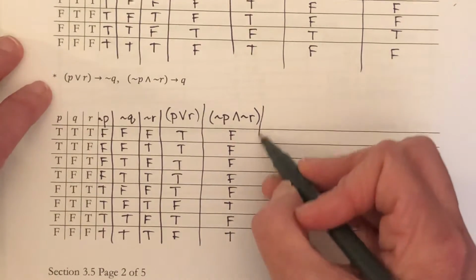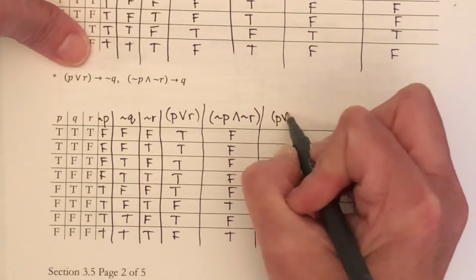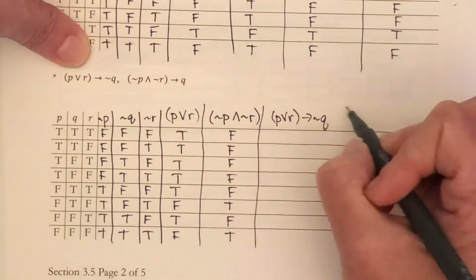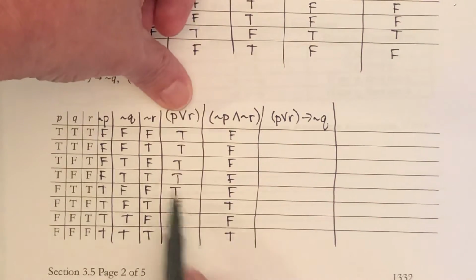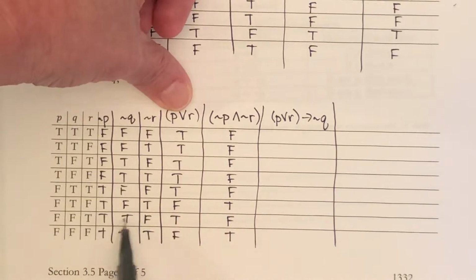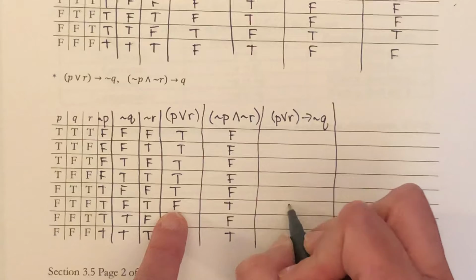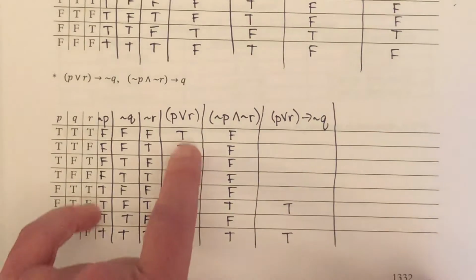Now we're ready to do the conditional. So I have if P or R, then not Q. So if this column, then this column. And if the first part is false, the overall argument is true. So I'm going to go ahead and mark those two because they're the easiest.